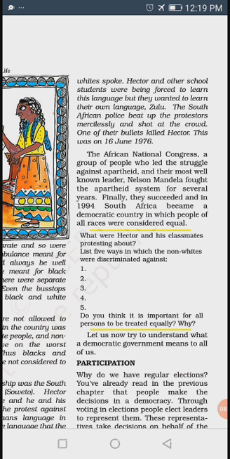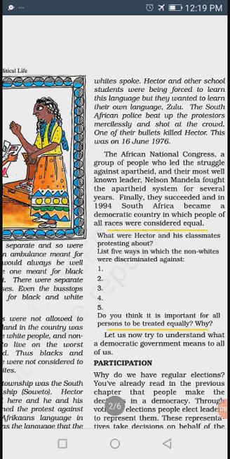One of the bullets killed Hector. This was on 16 June 1976.